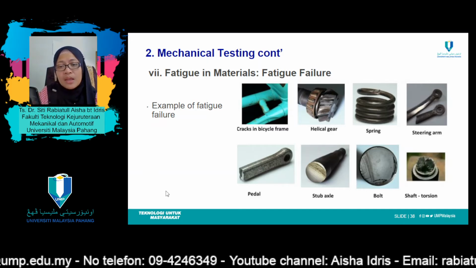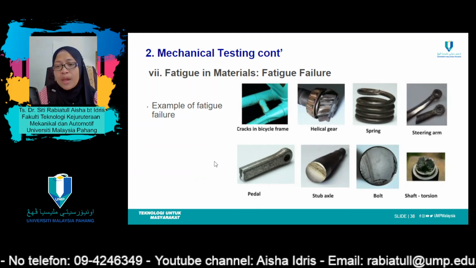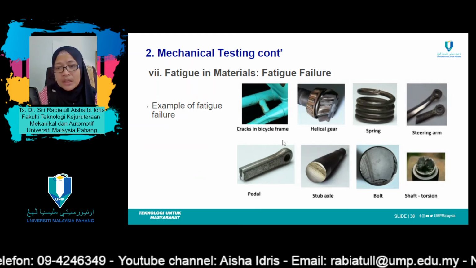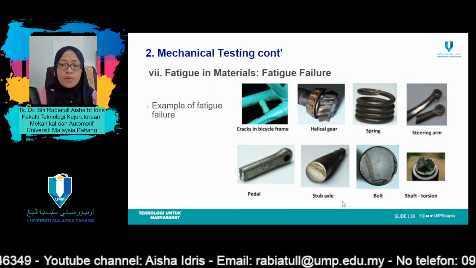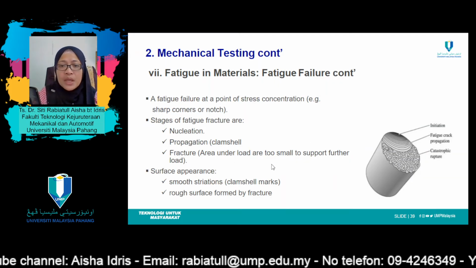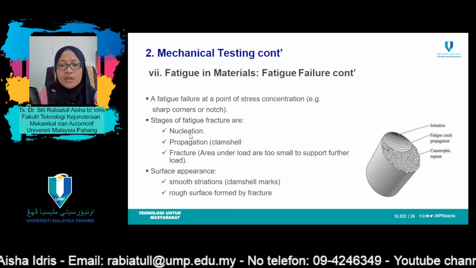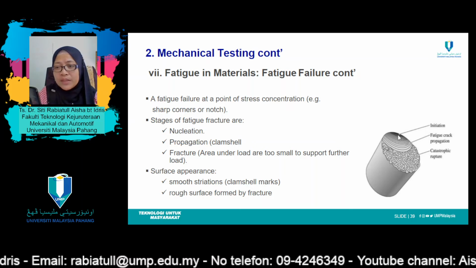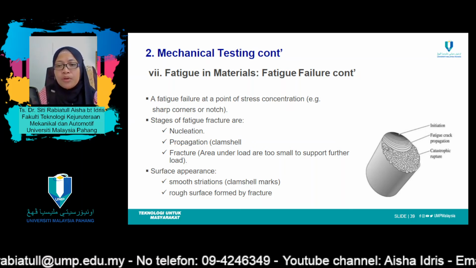These are examples of fatigue failure that can be found out there, like cracks in a bicycle frame, helical gear, bolt, pedal, and so on. There are stages that occur in fatigue fracture, which include nucleation. Starting from this point, this is the initiation point of nucleation.